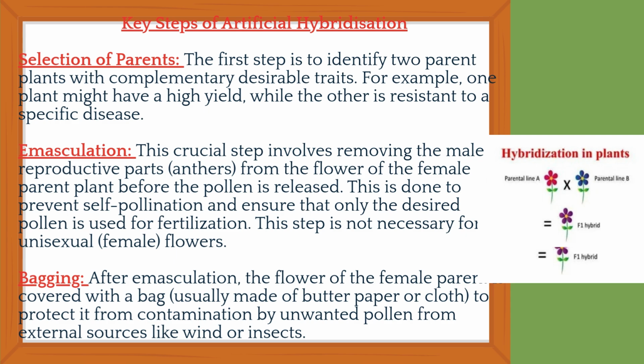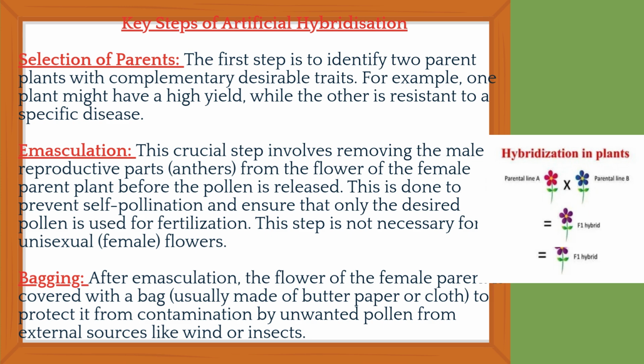Now the next step is bagging. After emasculation, the flower of the female parent is covered with a bag, usually made of butter paper or cloth, to protect it from contamination by unwanted pollen from external sources like wind or insects.